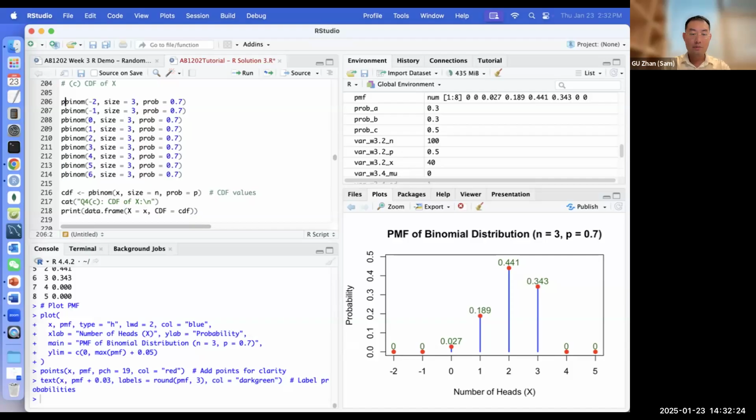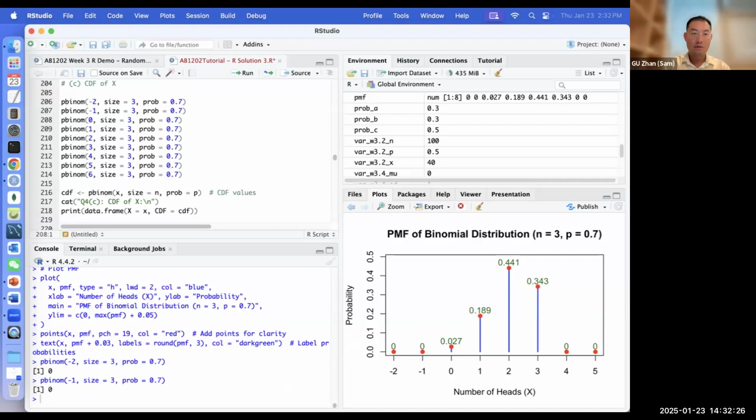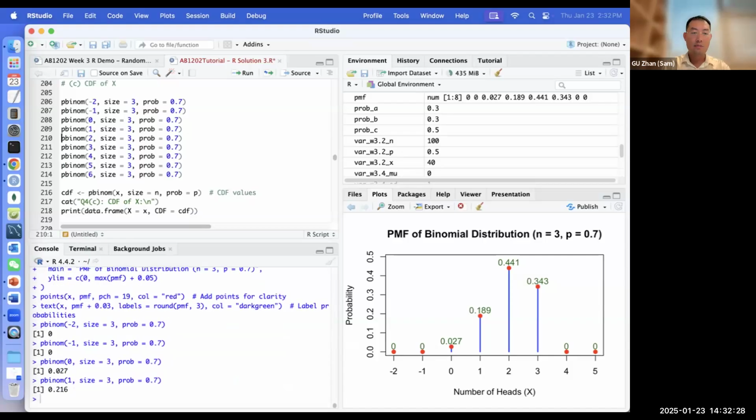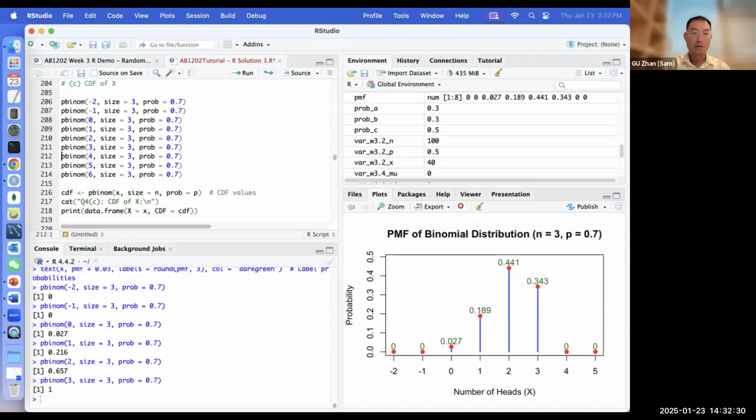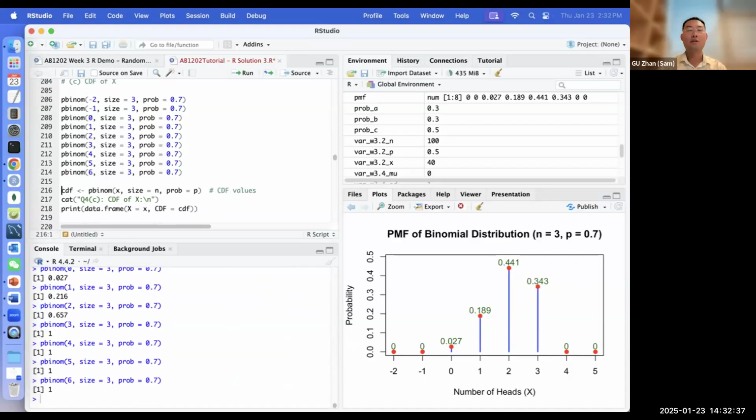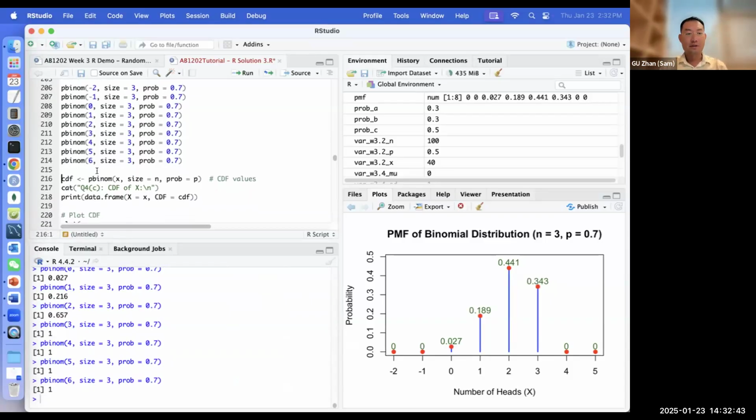Okay, negative 2 should be 0. It starts to increase, adding more and more, till 3, you get 100%. Then 4, 5, 6, you continue to be 1. So it's non-decreasing, it's always increasing. It's impossible to decrease. So that's the CDF.